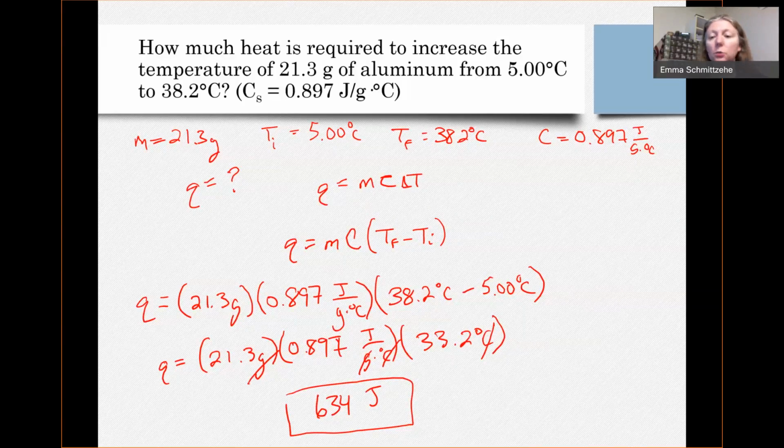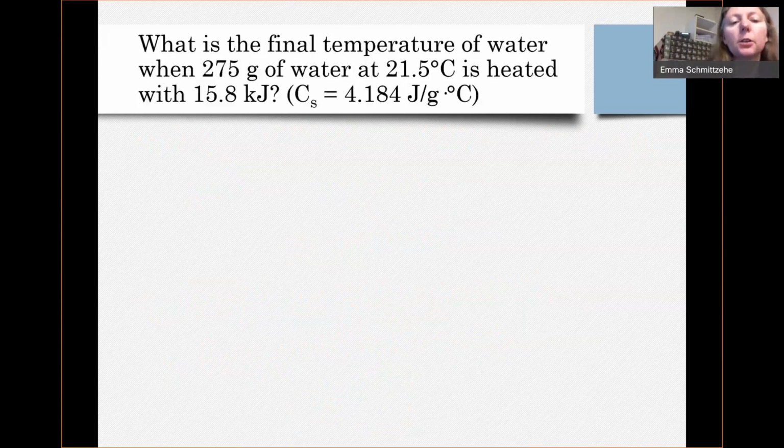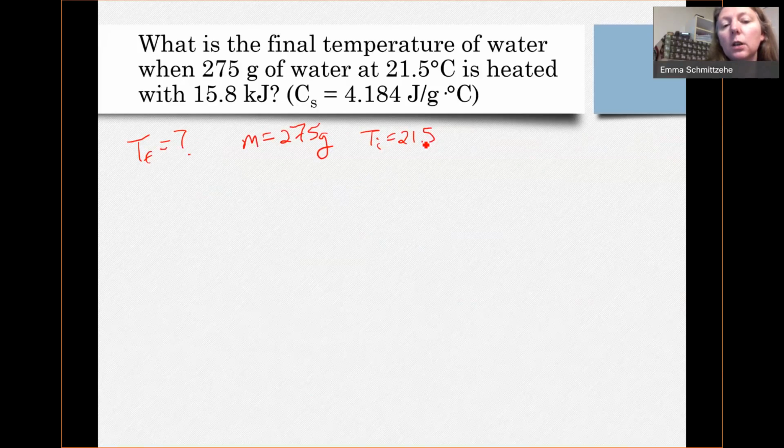Okay, let's do another one. Here it says, what is the final temperature of water when 275 grams of water at 21.5 degrees C, so that's my initial, is heated with 15.8 kilojoules.